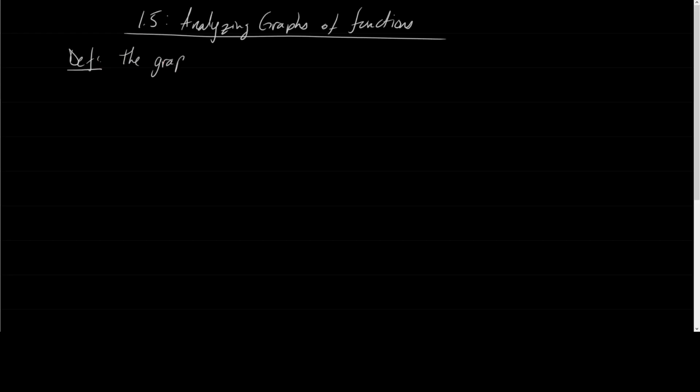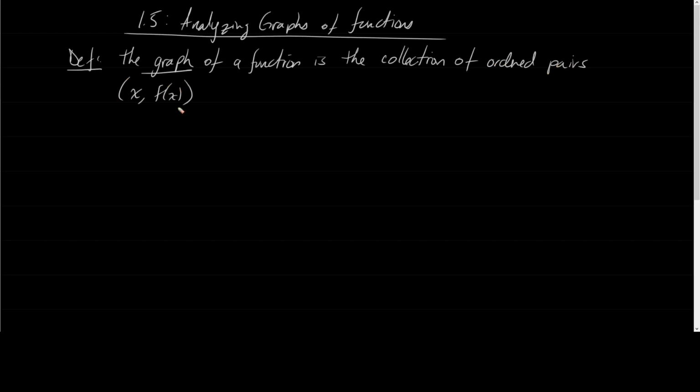The graph of a function is the collection of ordered pairs in the form of x comma f of x, such that x is in the domain of f.